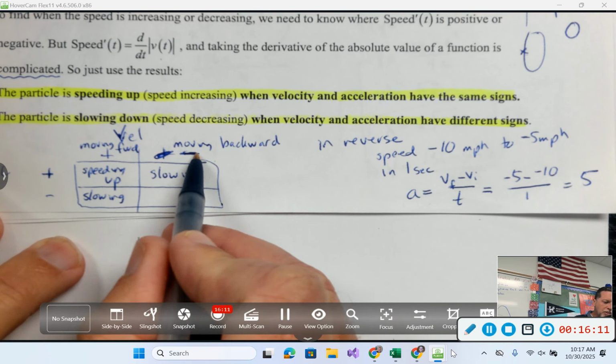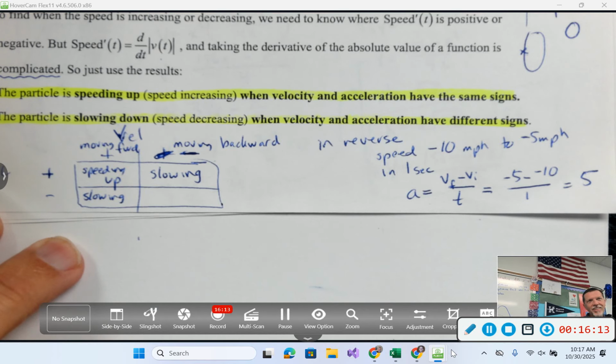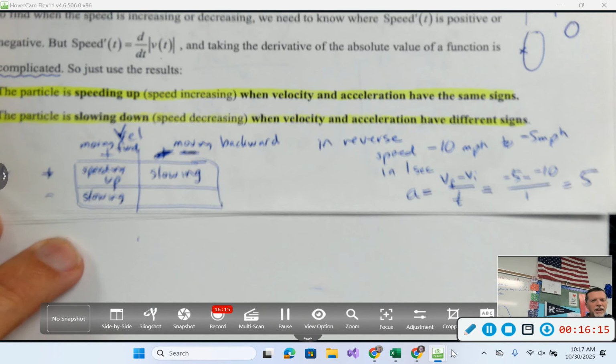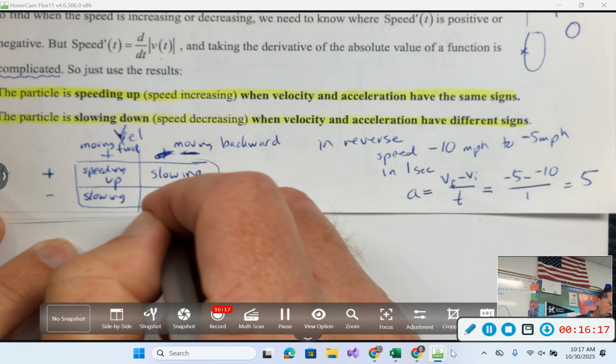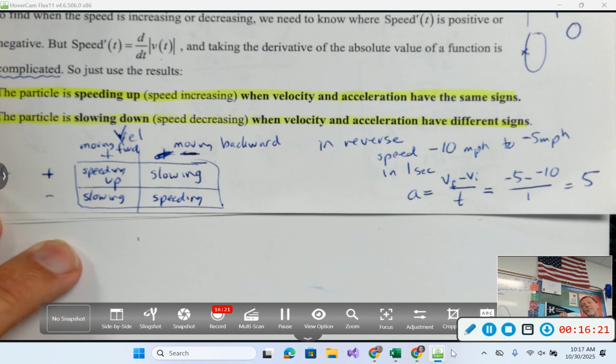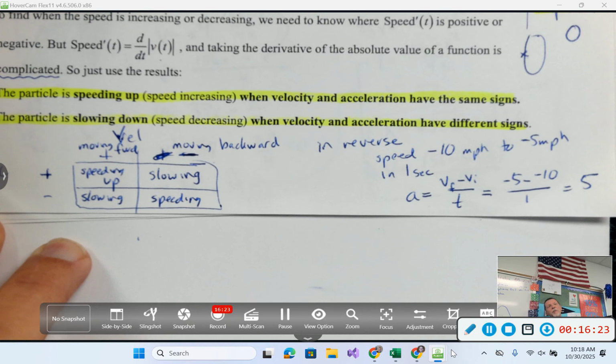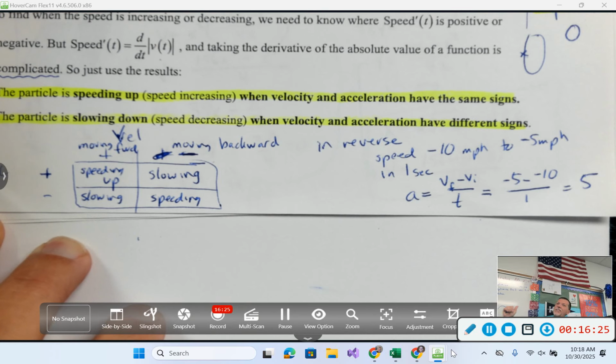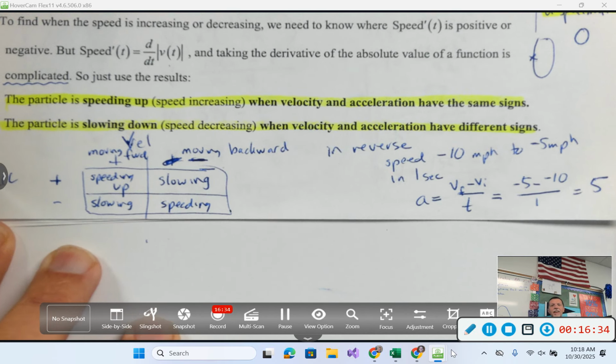If you're going backwards and you press on the gas, you know you're speeding up, but your acceleration is negative because you're going faster in the negative direction. If you go from negative 5 to negative 10, your acceleration is negative, but you're speeding up because you're going backwards. It's hard to think about.